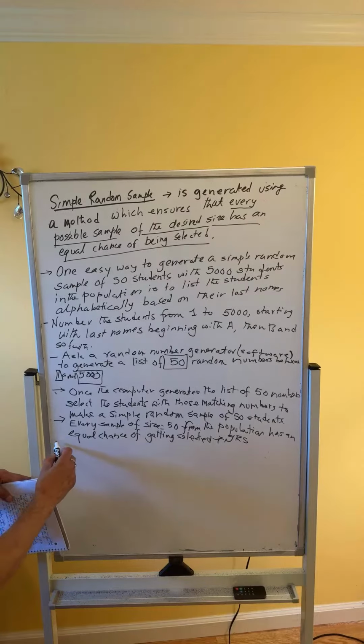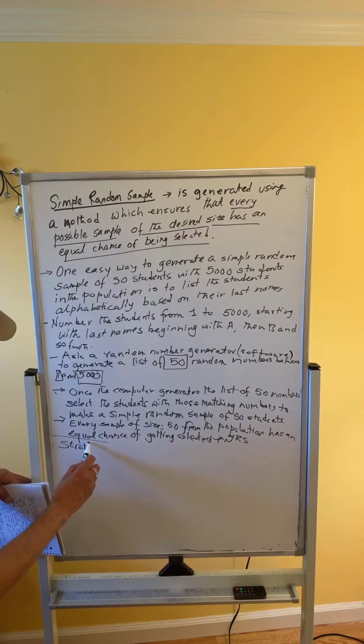Another way to obtain samples is called stratified sampling. So next is stratified random sampling.